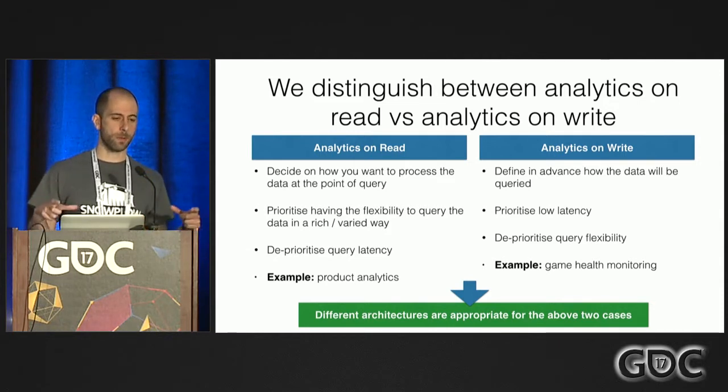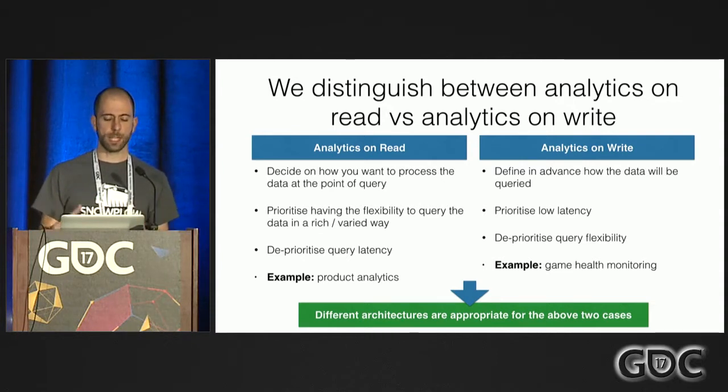So if we think about the technology that we're going to employ on AWS to deliver these types of analytics, we very broadly distinguish between two types of analytics, where both require different kinds of technical infrastructure to deliver them. So on the left-hand side, we've got analytics on read.